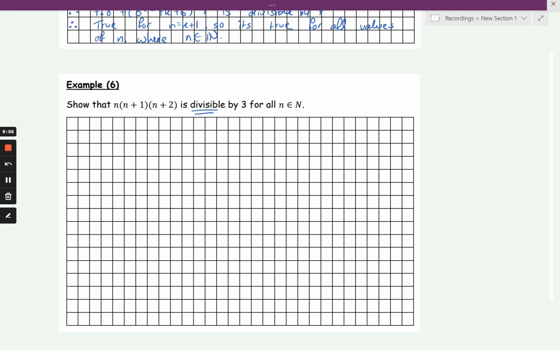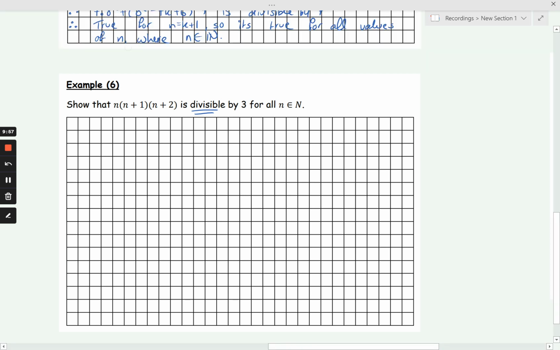So again, we're going to start with the same steps here. It says show that n by n plus 1 by n plus 2 is divisible by 3 for all n is an element of N. So writing out our steps, step 1, we're going to prove true for n is equal to 1.